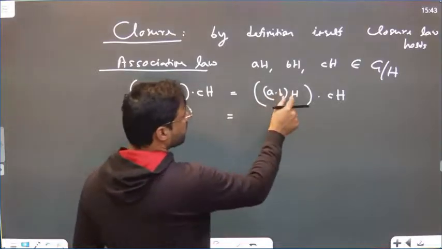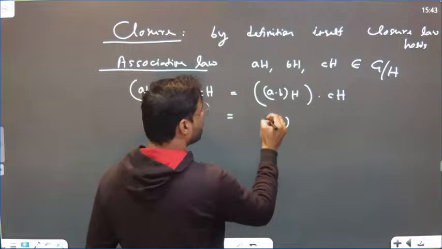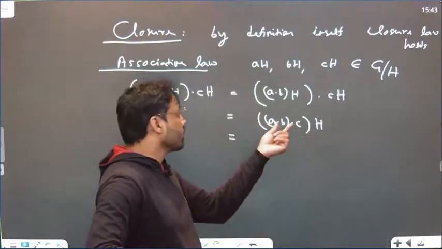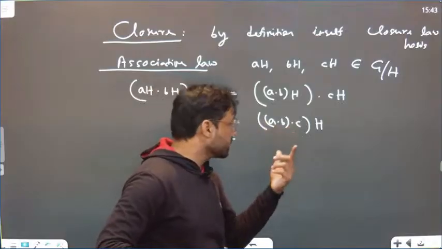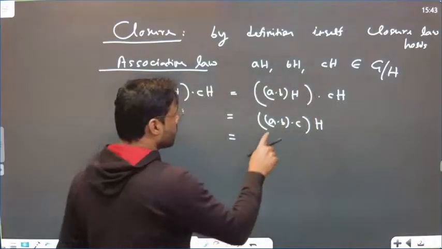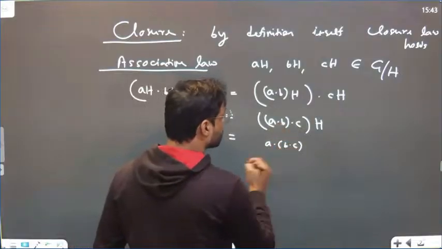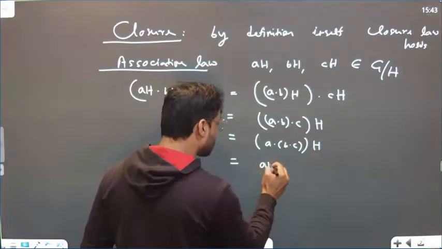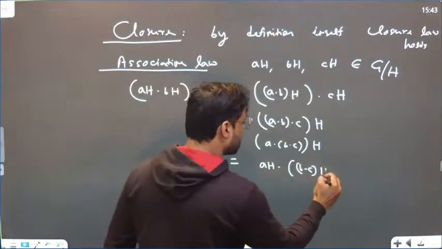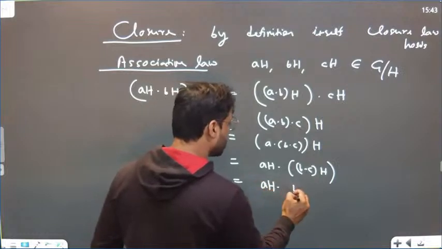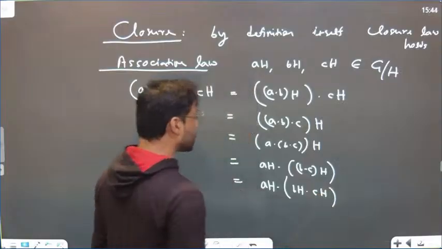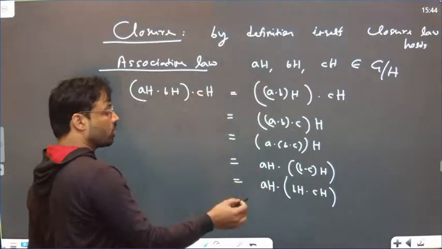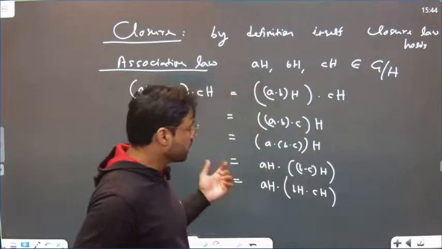Now again using the definition, (a dot b) dot c H. Since G is a group, and a, b, c are in G, G satisfies the associative law, so we can write this as a dot (b dot c), and then again using the same definition, that will be aH dot bcH, which is aH dot (bH dot cH). So the associative law holds. Now we'll see the identity element.